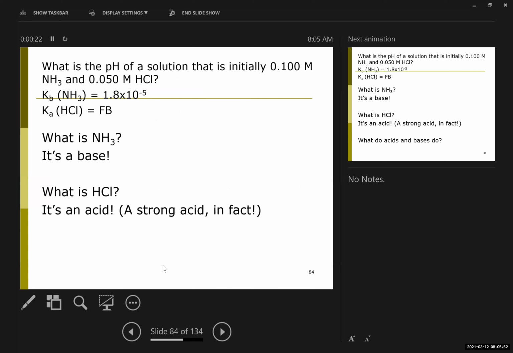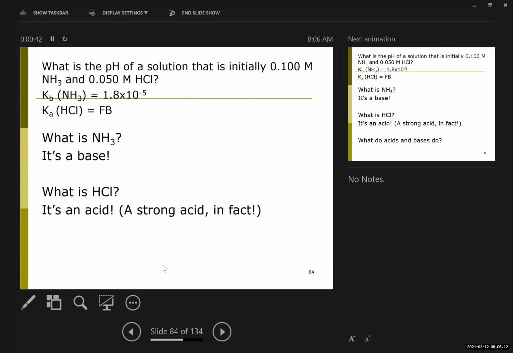It doesn't really matter particularly whether they're weak or strong for what happened next, except you would not end up with a buffer if they were both strong. But again, the issue is that all of my acids and bases are in water.